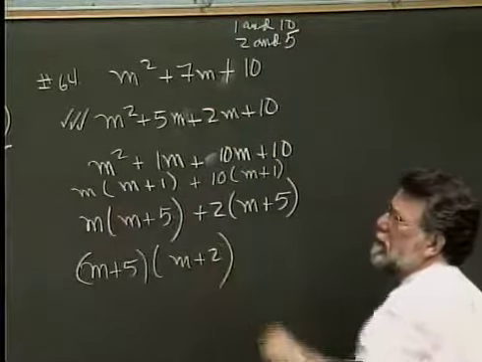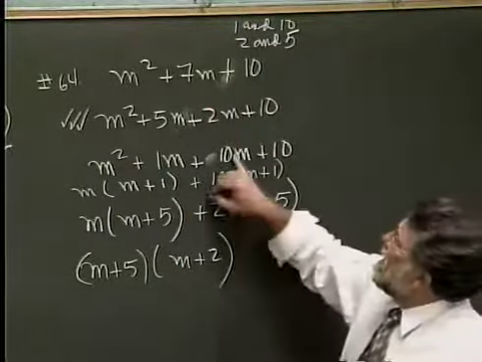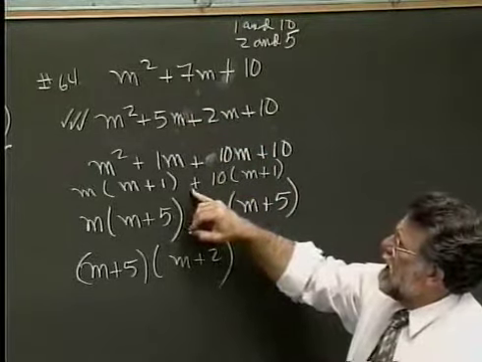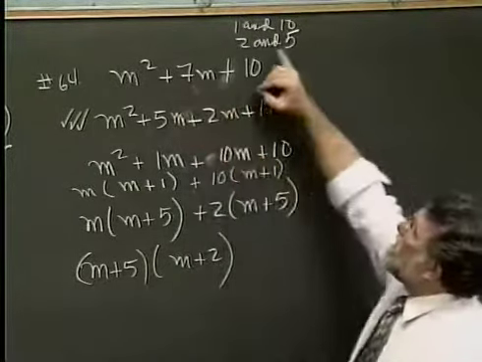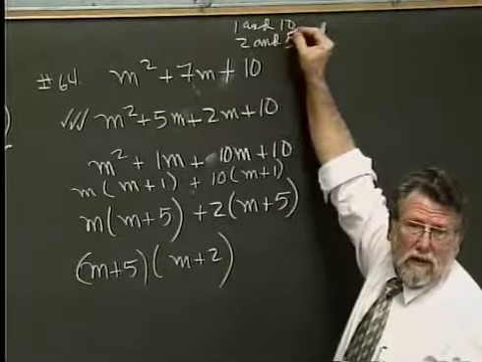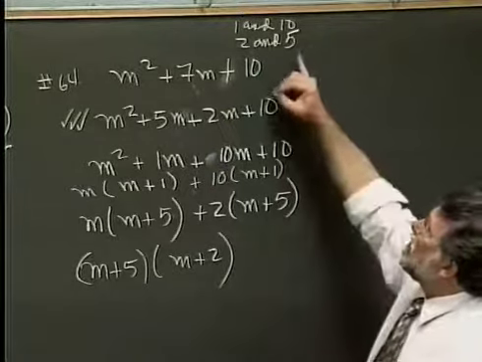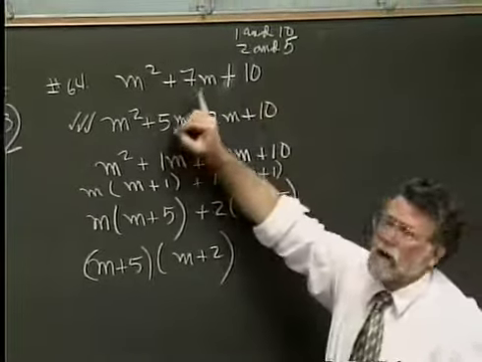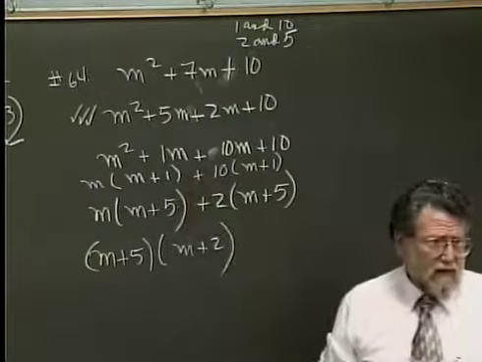This will work in the sense I'm going to get m plus 1 times m plus 10. But note, the 10m and the 1m didn't give me what? The 7m. So even though this works technically, it doesn't give me the middle term I need. So when I look at these factorings, it's clear that certain ones are better than the other. What catches your eye about the 2 and the 5? It happened to work with the 7, where the 1 and 10 only works with what? An 11.